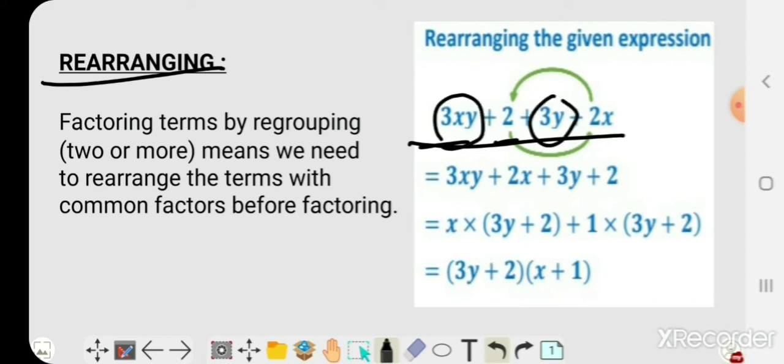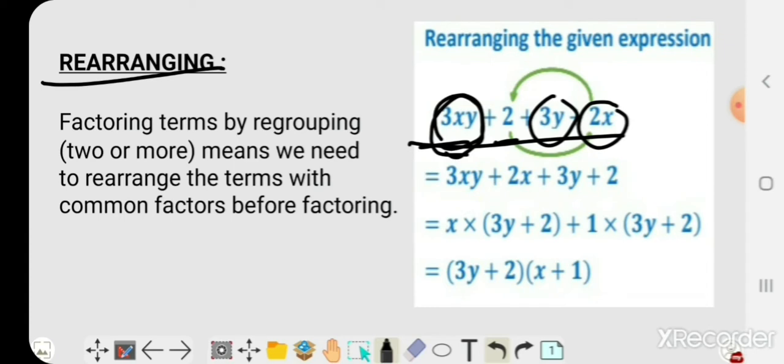In these two, is there anything common? Yes, there is common. What is that? 3 and y. So we can arrange like this, or you can write 3xy with 2x also, because there is also one common thing, that is x. So it's up to you what you want to write with 3xy, with 3y or 2x. But something should be there which is common.